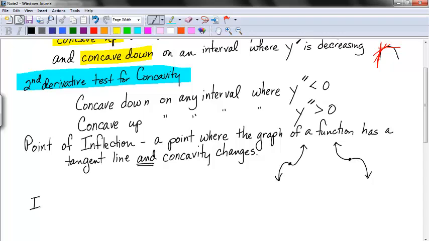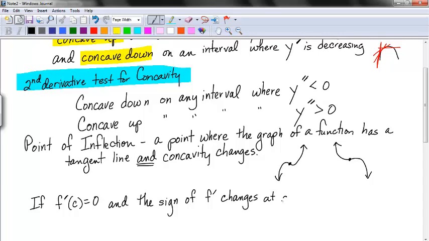If the first derivative is equal to 0, and the sign of f prime changes at c, then, okay, now think about this.